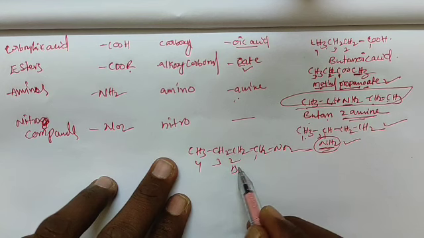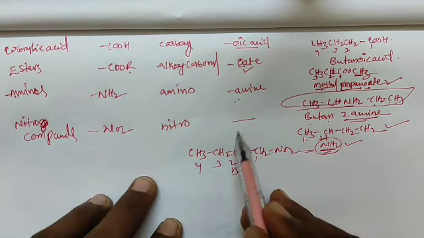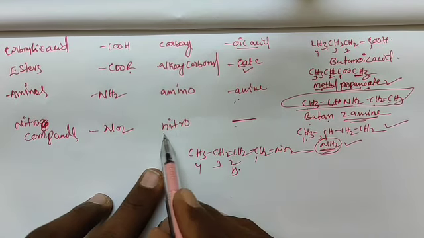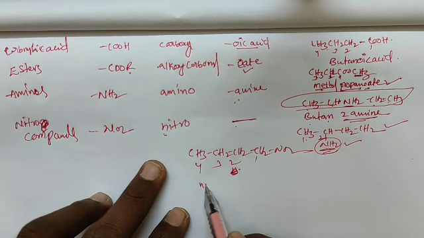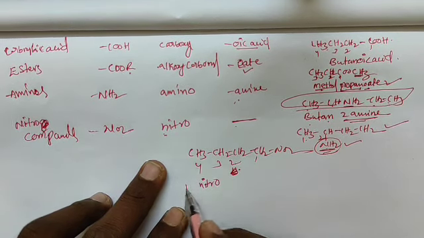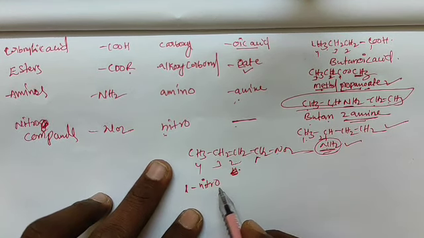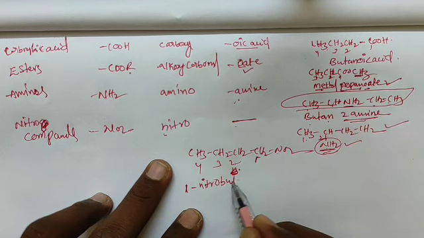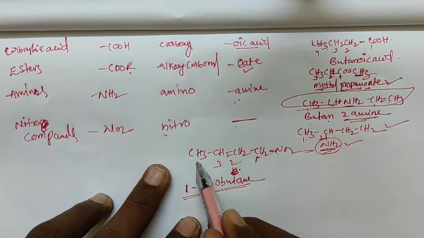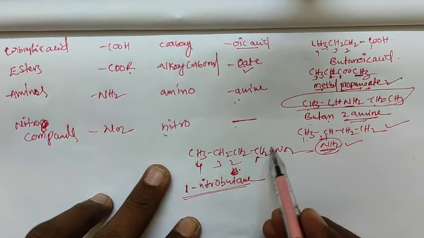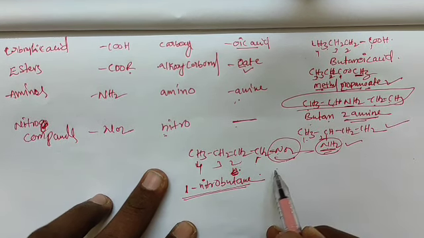For this one there is only a prefix, meaning we write nitro in front of the root word. The first carbon has nitro, so 1 nitro butane. Why 1 nitro butane? Why not number from this side, 1 2 3 4 nitro butane? The functional group should get the lowest number.